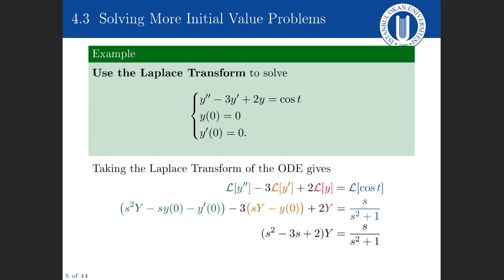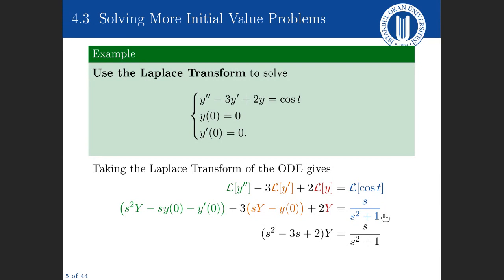What we do is we take the differential equation and we take the Laplace transform of everything. So the Laplace transform of y double prime minus 3 times the Laplace transform of y prime plus 2 times the Laplace transform of y is equal to the Laplace transform of cos t. Using the theorem, we know the Laplace transform of y double prime and the Laplace transform of y prime.